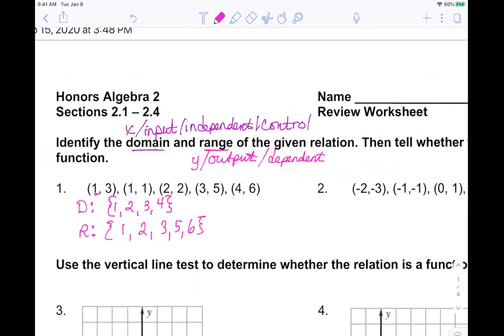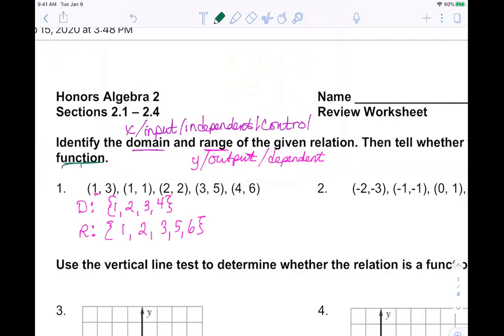The other vocab term that we talked about was a function. Can anybody remember what it means for a relation to be a function? Alyssa S., what do you think? Each X needs to have its own Y, and they can't share one.